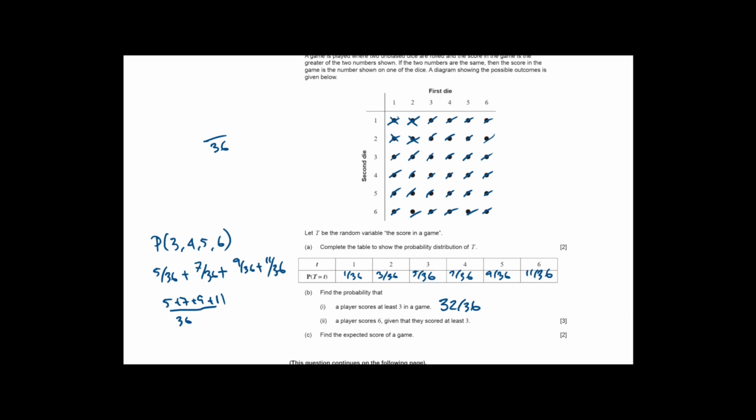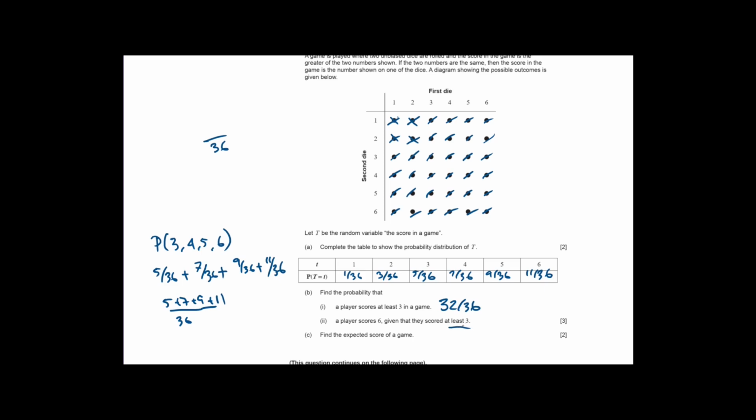A player scores 6 given they scored at least 3. Given they scored at least 3, that doesn't make any sense. If they scored 6, it's going to be 11 over 36, regardless.